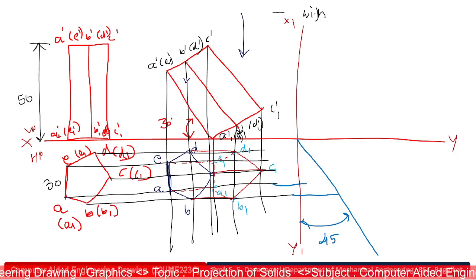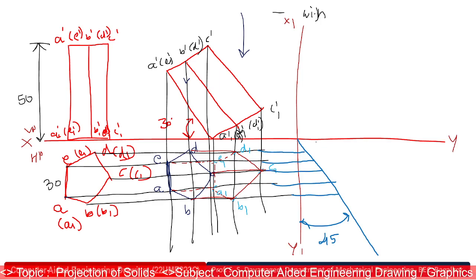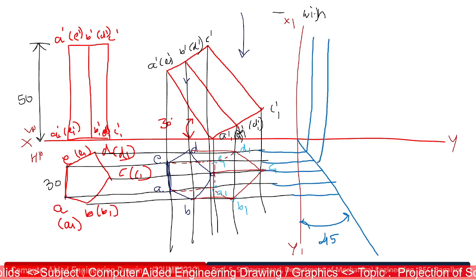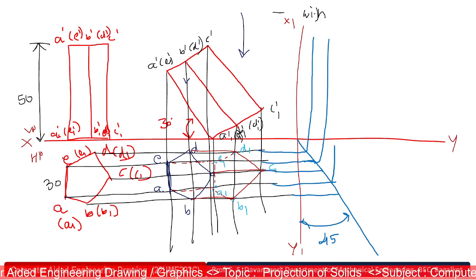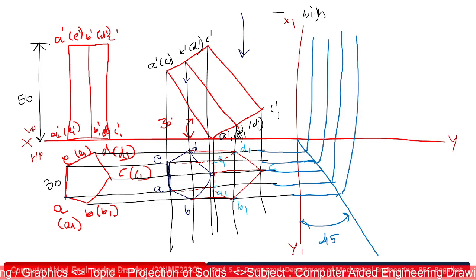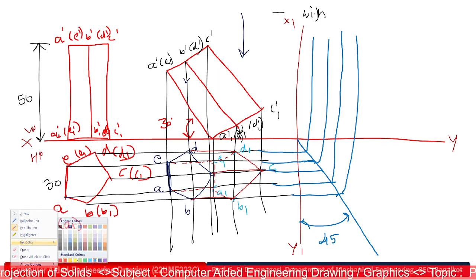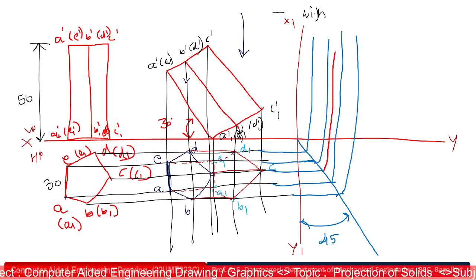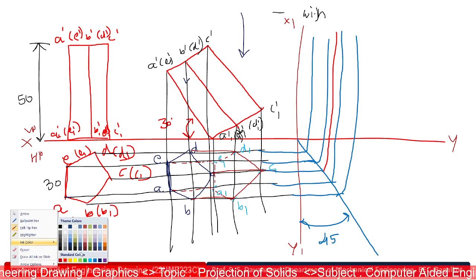Extend these lines, the projection lines. Next you project again these intersection lines above the XY line. Please take care of the correct projection of the lines. Now from the previous view, we again project the lines.